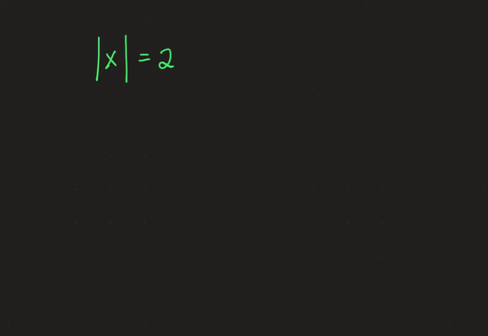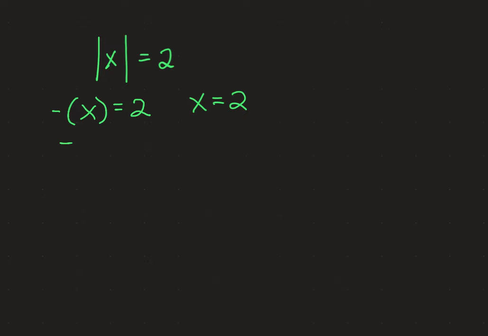And then we knew that the value within the absolute value symbols had to be either a positive value or a negative value. Therefore, we could write a negative x, or whatever is inside the absolute value, equals 2 in this case, or simply whatever that value is inside the absolute value equals 2.